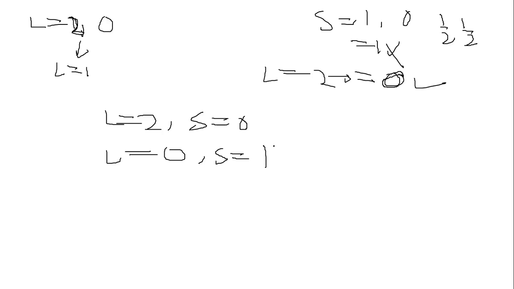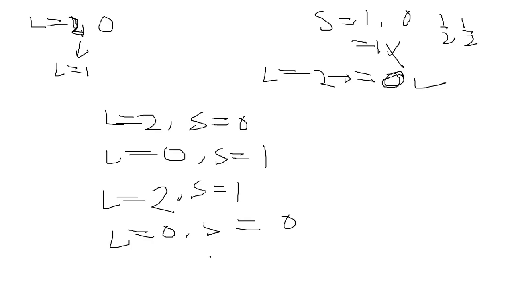So the combinations are S equals 1 and L equals 2, L equals 2, S equals 1, and L equals 0, S equals 0. These are the four combinations. So these two are not allowed.